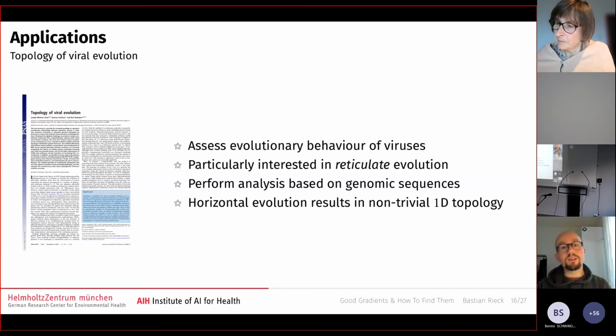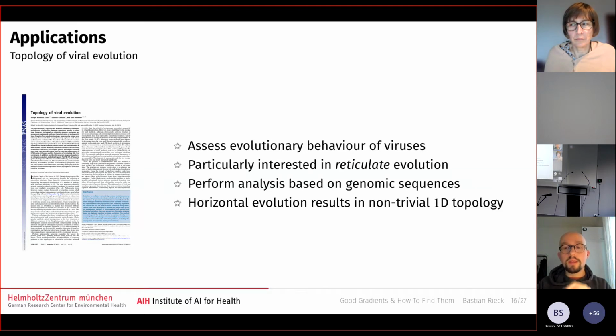But what I get from this paper is that it's about assessing the evolutionary behavior of viruses. And the paper is particularly interested in what they call reticulate evolution. So if I understand this correctly, this is horizontal gene transfer, and I really hope, since this is recorded, that I'm not saying anything super wrong here. What they are doing is performing an analysis of genomic sequences.